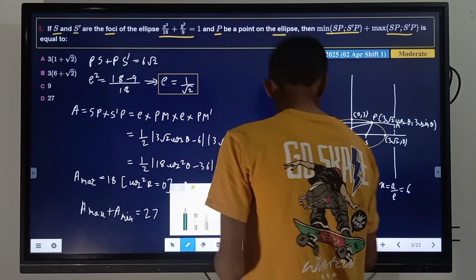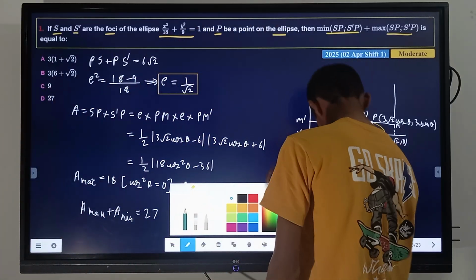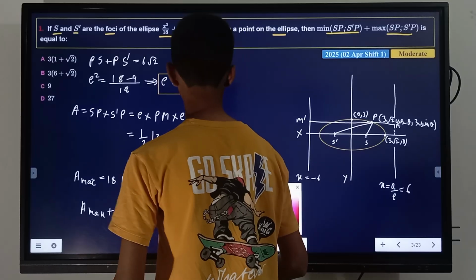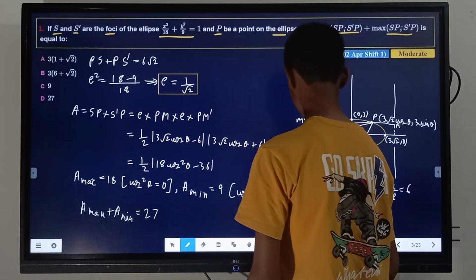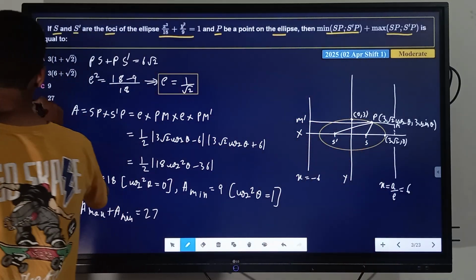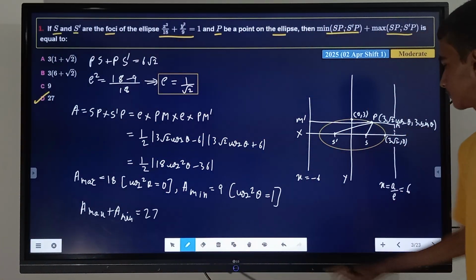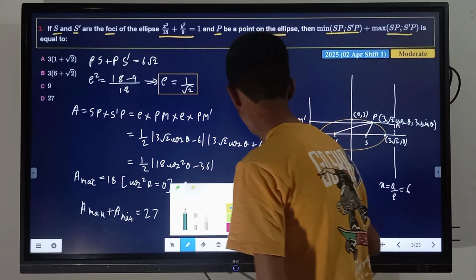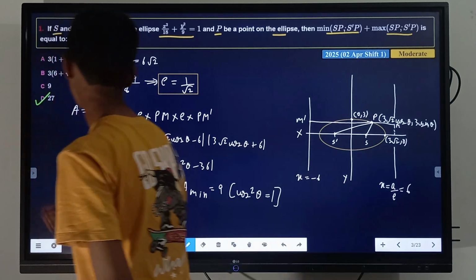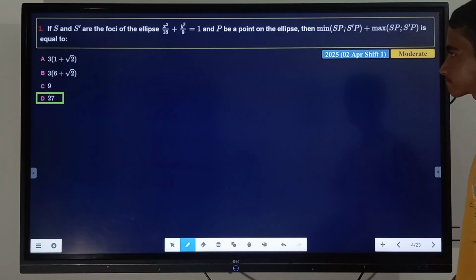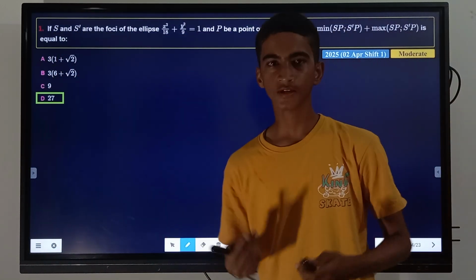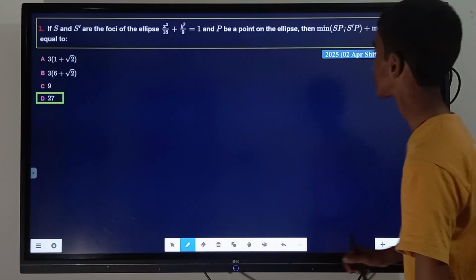From here, our answer is option D. And here is our solution, and we can see that our answer is correct.